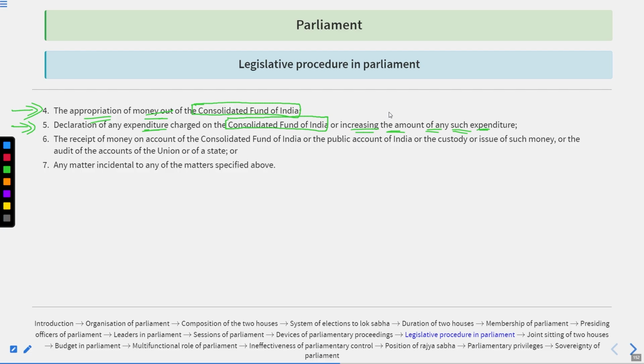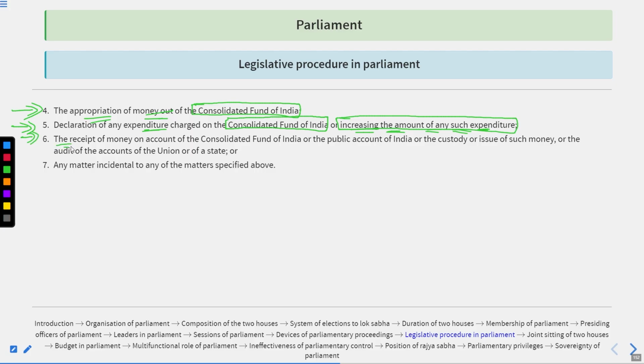Okay. If somehow the government is increasing the amount of any such expenditure, it means that the government now, instead of 100 crores, wants to spend rupees 110 crores. Then that increased amount must be mentioned in the money bill. Okay. Until any withdrawal of money is mentioned in the money bill, that money could not be appropriated. Okay.